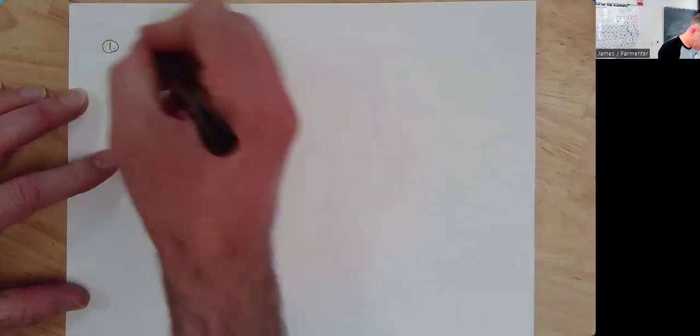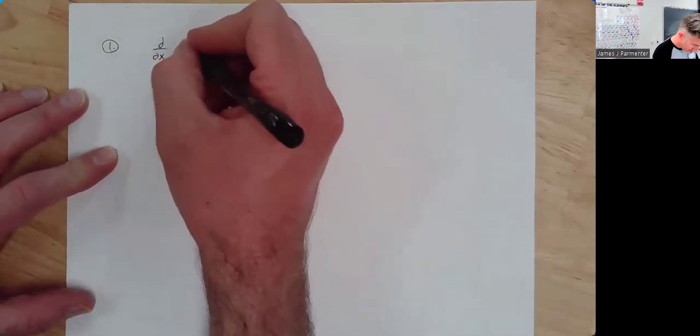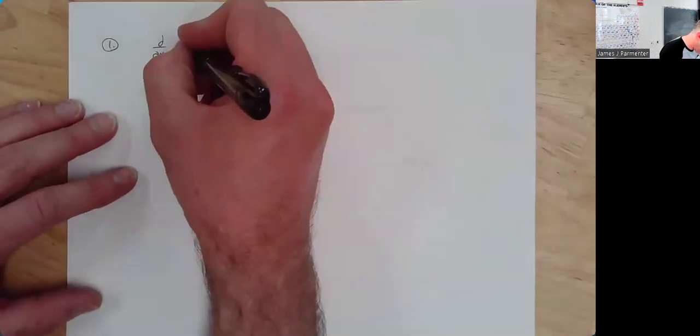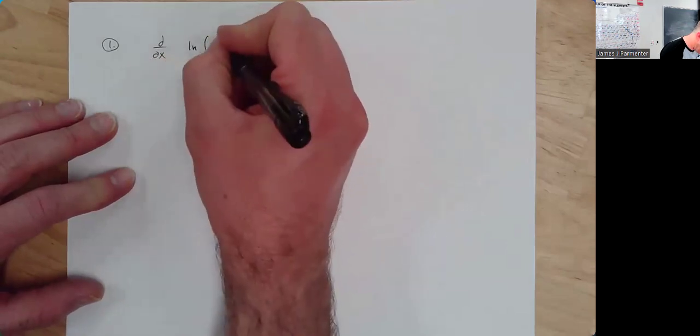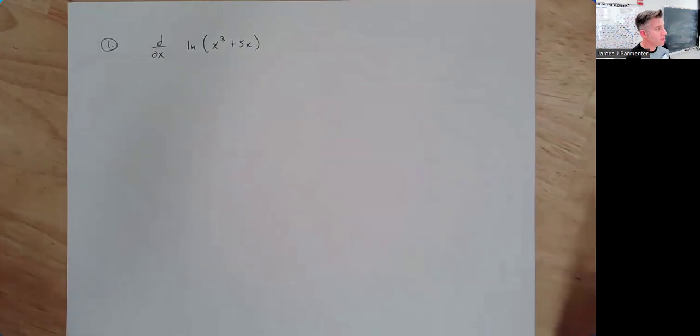Every time. So for example, if I was trying to find the derivative of, and I guess we should start with the log ones, because let's just follow the same order, the natural log of x cubed plus 5x. What I'm really saying in my head is the derivative of the natural log of x is 1 over x.